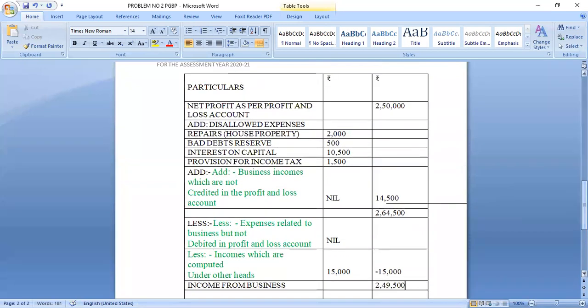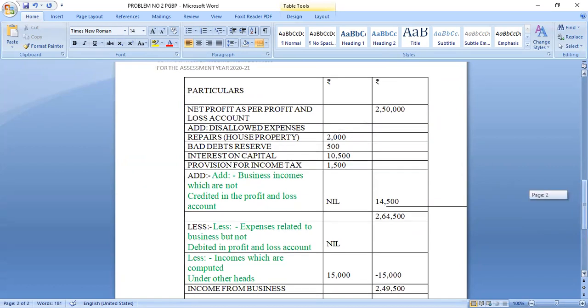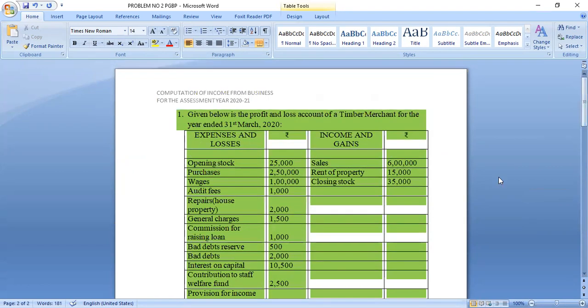This is the way to compute income from business here. It will take time to understand. You have studied all the things we have discussed, all the material posted in the Moodle. Please refer to the Moodle, the theory part of this PGBP, profits and gains from business and profession.